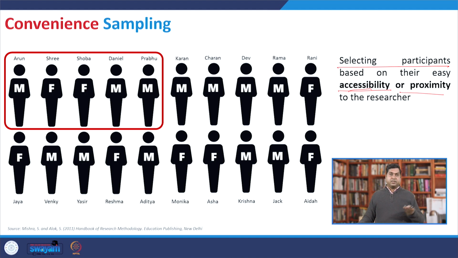So with convenience sampling, representing the population is many a time challenging, because the sample may be much more homogeneous in nature. There you don't have any variation, whereas the entire population may have some variation. I will give you another example. You go to a class and they are all first year students.